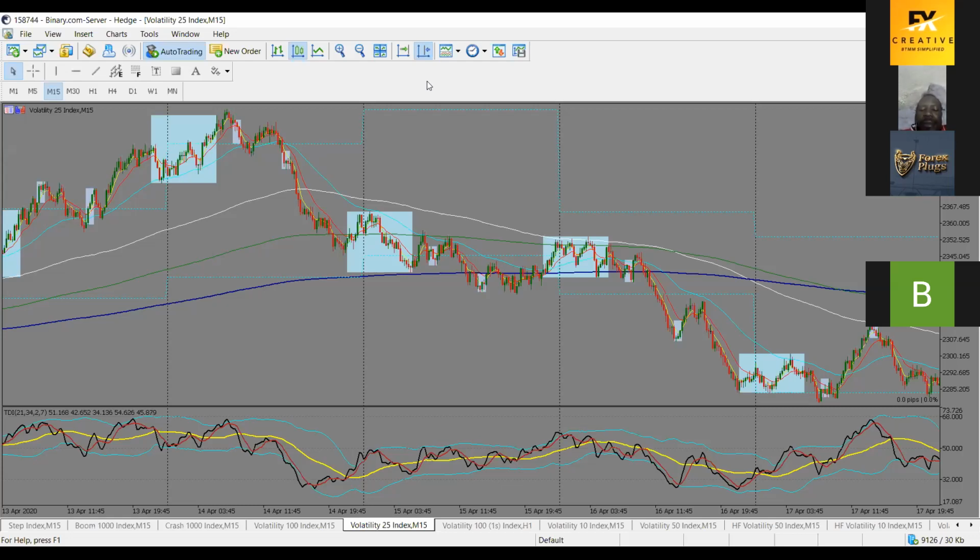It's the same as someone who uses price action as a strategy. Even if you take him to binary options, he can still draw a trend line and show you that this is the trend.